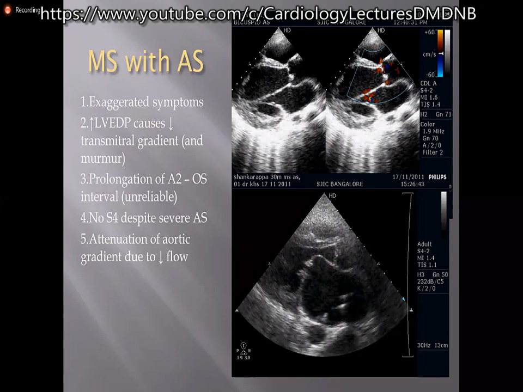Or in the presence of AS, if the patient has significant symptoms of pulmonary venous hypertension such as PND, orthopnea, or atrial fibrillation, suspect MS. So this is how you should suspect MS in the presence of AS, or AS in the presence of MS. Again here, because of raised LVEDP, the A2-OS interval is unreliable. And despite severe aortic stenosis, you will not get S4 in the presence of MS. And there is attenuation of the aortic gradient. We will be underestimating the aortic gradient in the presence of severe mitral stenosis.